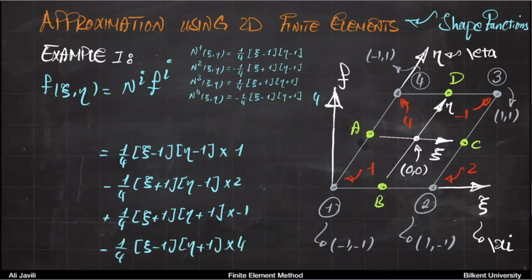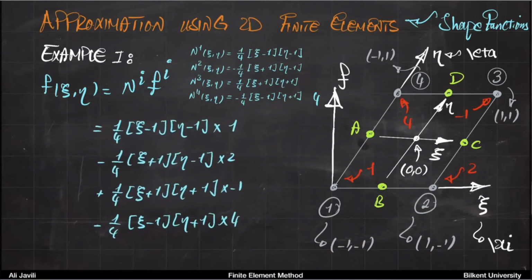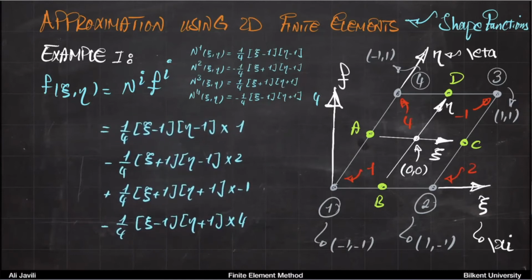Okay, so if you do that, you get a function of ξ and η. So this is your function f as a function of ξ and η. You may or may not expand it or simplify it, but this is basically what it is. Even if you don't expand it, this is good enough.